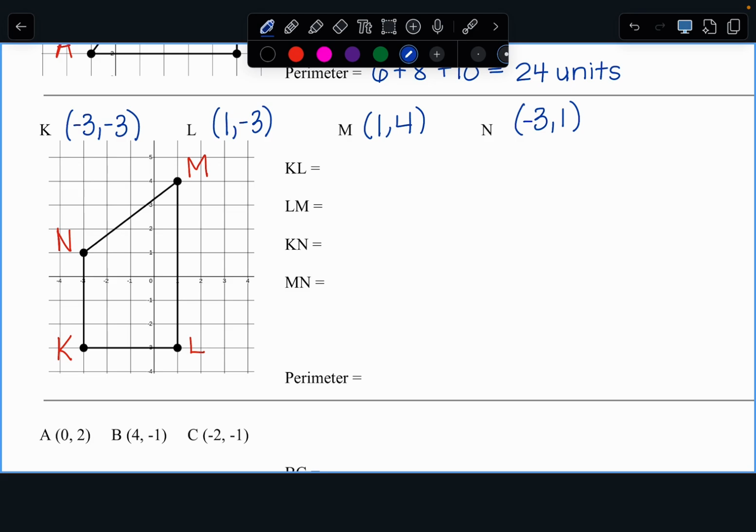So let's find these distances. If we're looking at the distance from K to L, because that's a horizontal line, we can simply count the blocks. So 1, 2, 3, 4 units away.